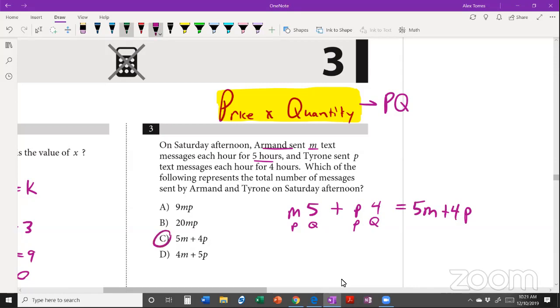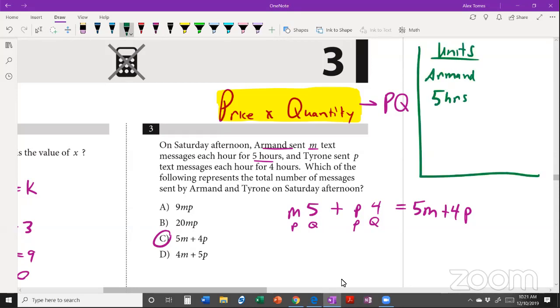Now, number 3 can also be taken from a unit conversion standpoint. For Armand, if we have 5 hours and Armand sent M messages per hour, then in the unit conversion way of seeing this, some people call this dimensional analysis, I tend to call it chemistry style unit conversions, this blue thing here is equal to the number 1.